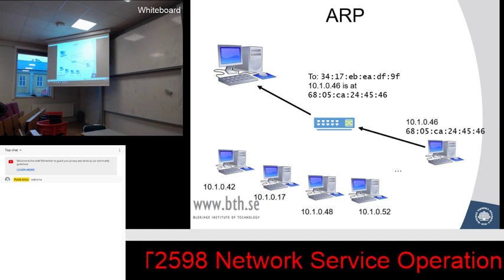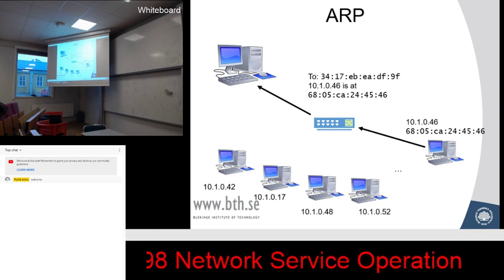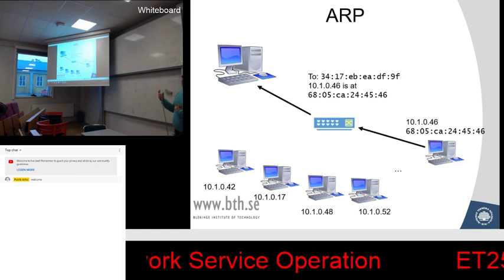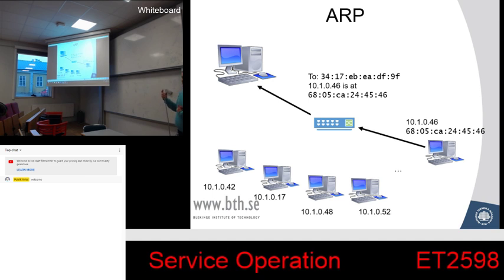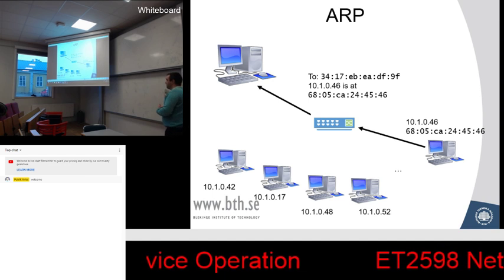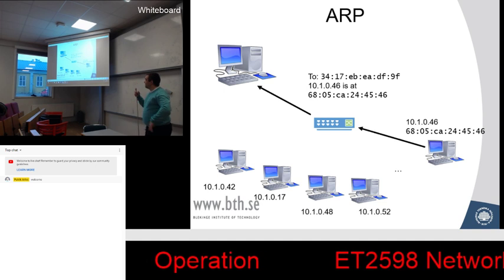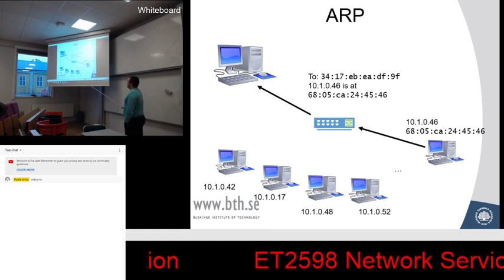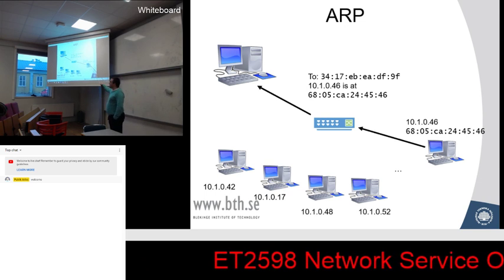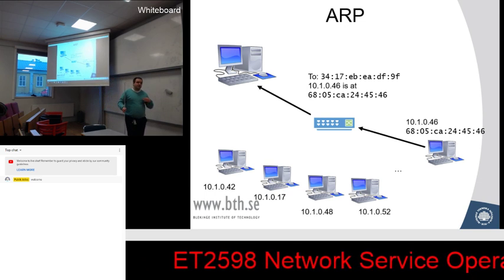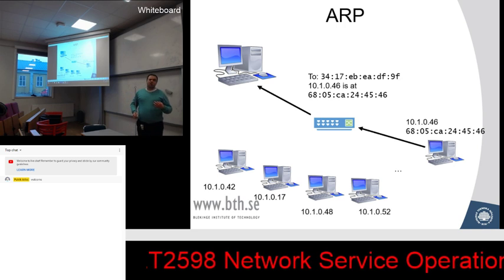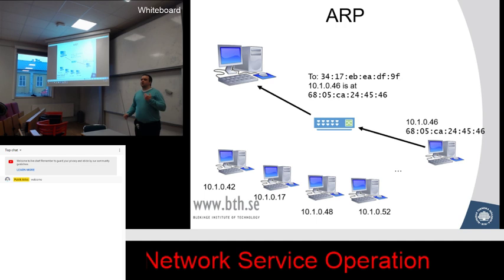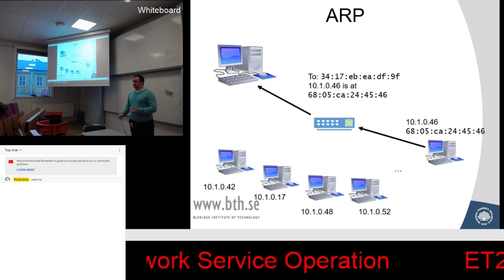Hopefully, there will be an entity that sees, hey, I've been assigned, I'm using 10.1.0.46, and it will reply, hey, 10.1.0.46 is at, and then it attaches the MAC address of the interface that received the ARP message.